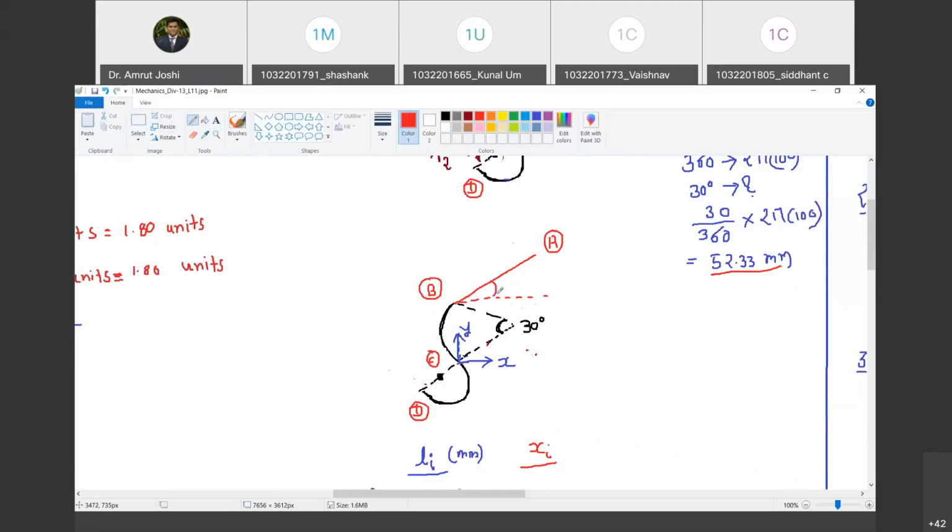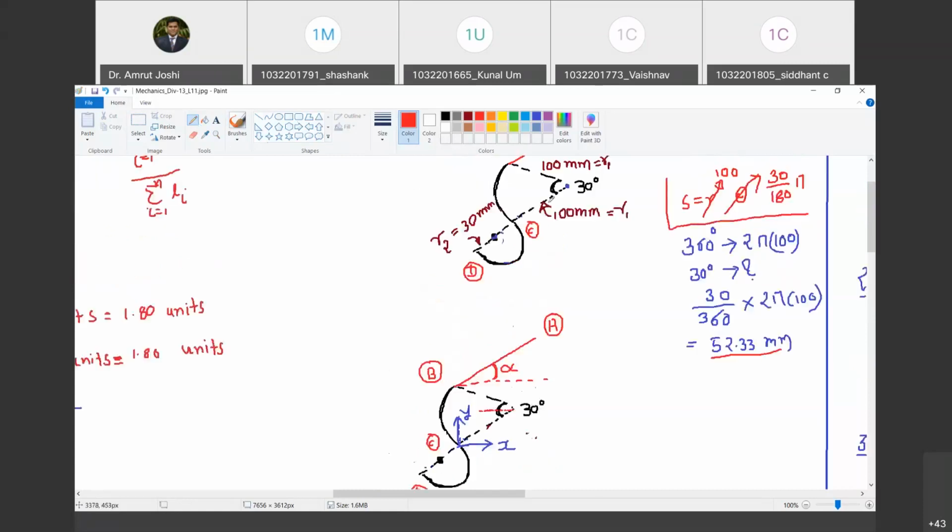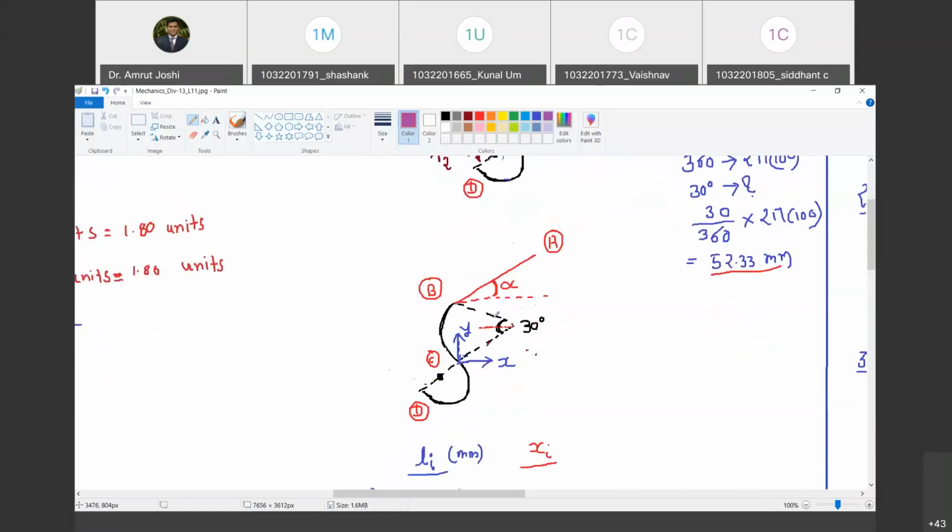I will call it alpha. For that, I am going to bisect this angle 30 degrees. So how much is that? 15. So this angle is 15 degree. Happy? Chalo.